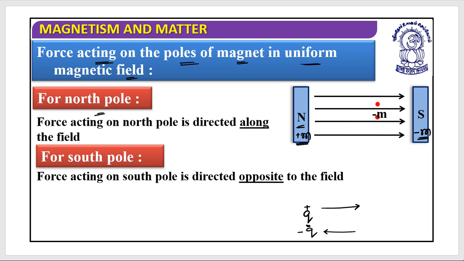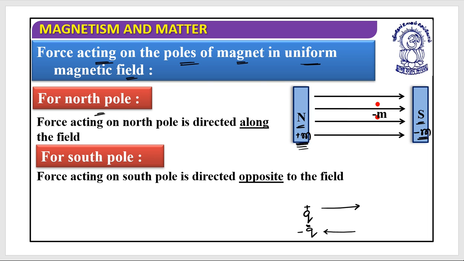The same is true here: if this is a positive monopole, a north pole, then the magnetic field is radially outward from the north pole, and for the south pole the magnetic field is radially inward.